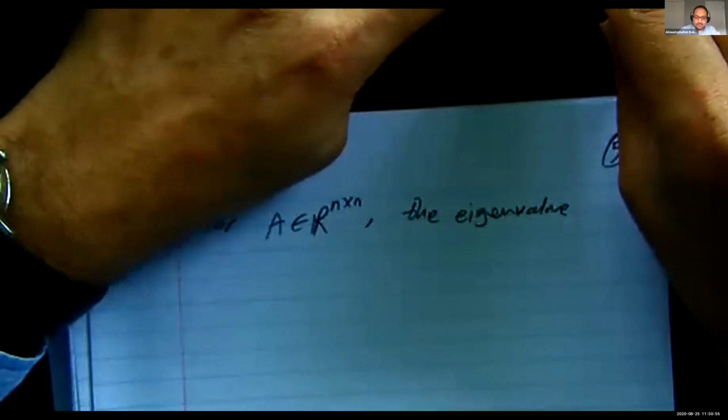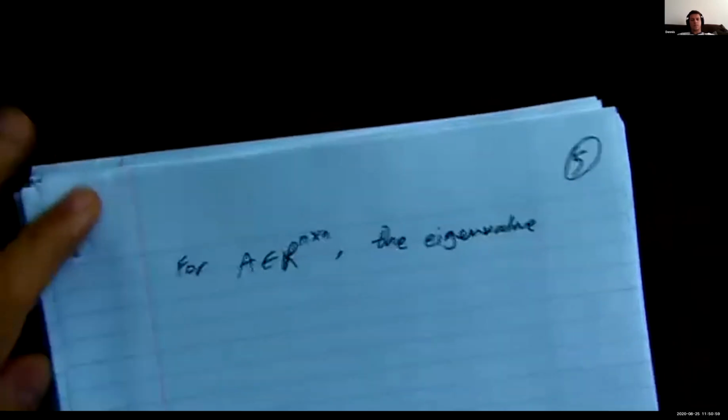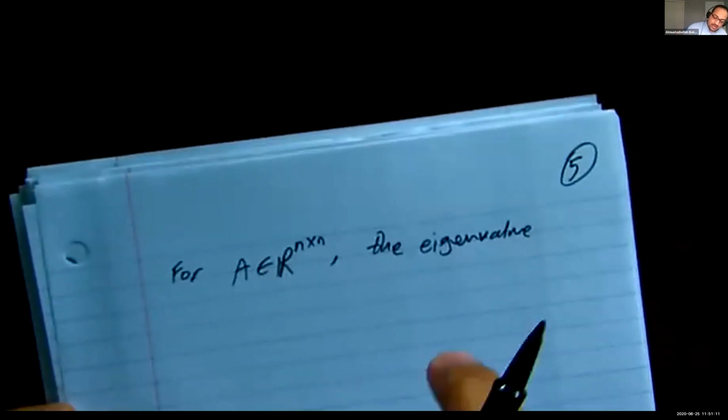Yes. So the eigenvalues represent the characteristics of the system, and mathematically speaking, eigenvalues and eigenvectors should satisfy the eigenvalue-eigenvector equation, which I'm going to write right now here.